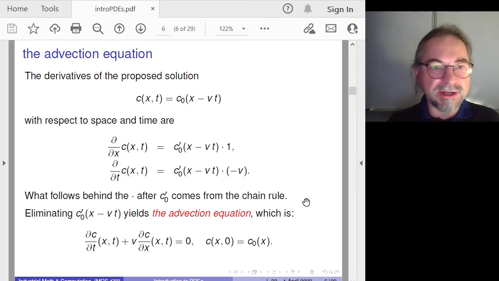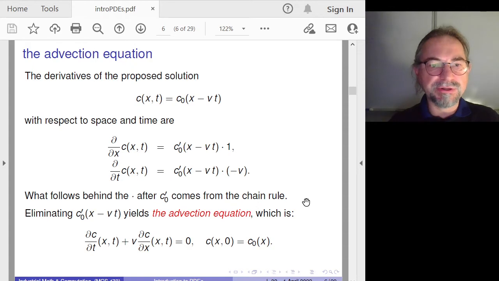We actually have now an equation that doesn't have this proposed solution in it anymore. The proposed solution is a probable solution, but when we eliminate it, we arrive at what is called the advection equation. It's an equation that is first order in both time and space.